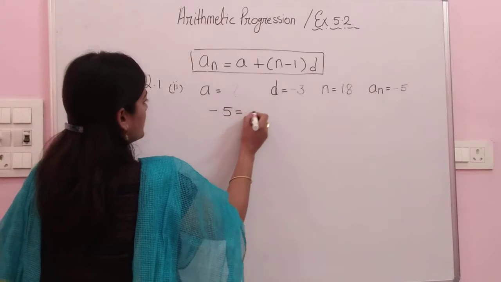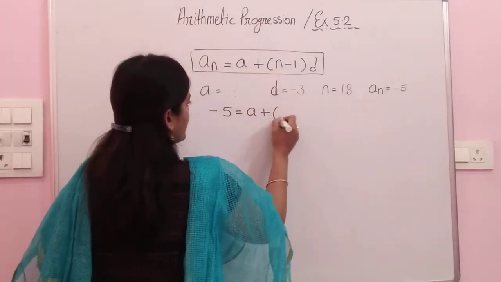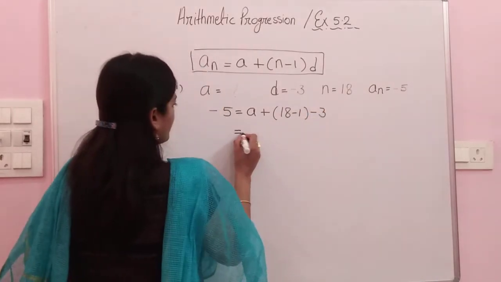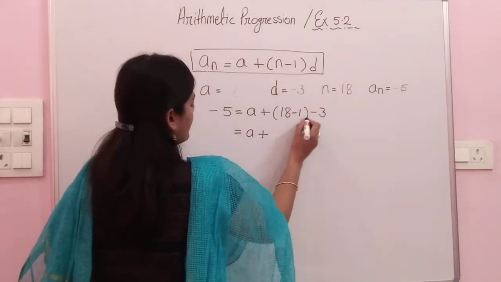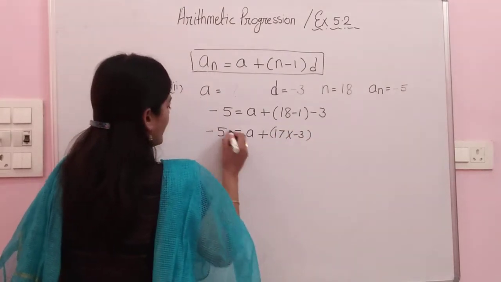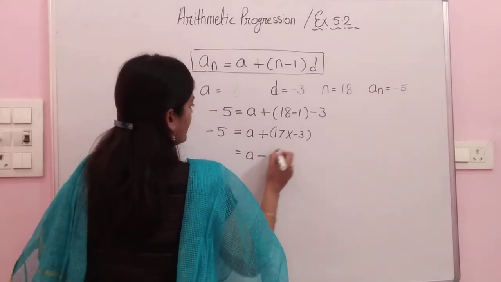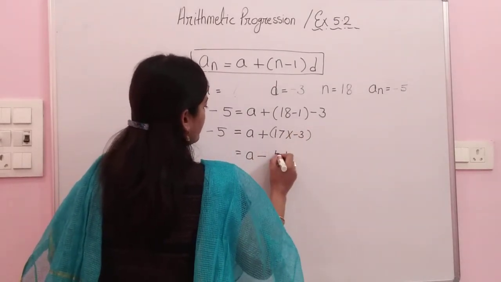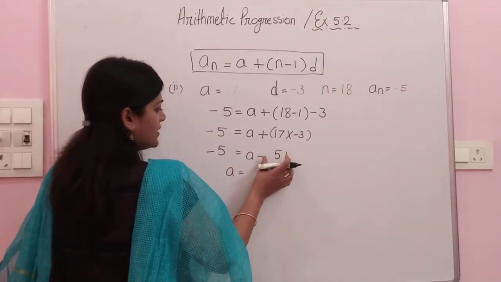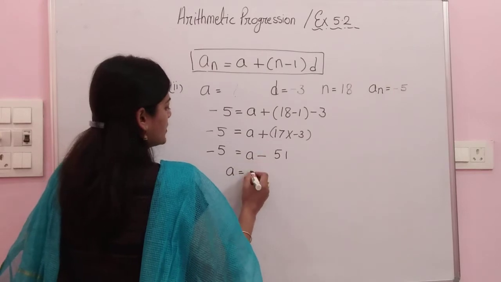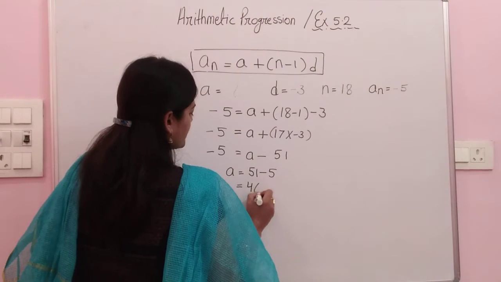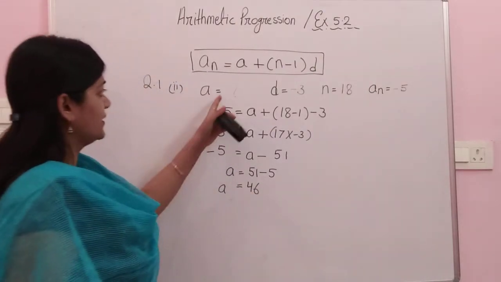Minus 5 is equal to A plus 18 minus 1 times D, which is minus 3. A plus 17 multiplied by minus 3, that is minus 51. So minus 5 is equal to A minus 51. A is equal to, when you move this value from here to here, it will become positive. Then 51 and minus 5 will become 46. Your value of A is 46.